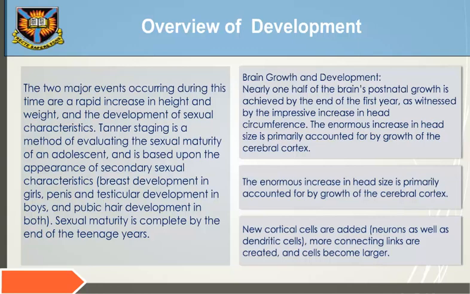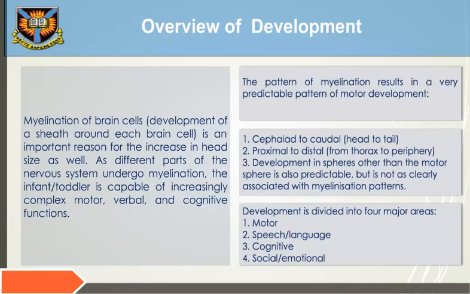More connecting links are created and cells become larger. Myelination of brain cells, development of a sheath around each brain cell, is an important reason for the increase in head size as well. As different parts of the nervous system undergo myelination, the infant toddler is capable of increasingly complex motor, verbal, and cognitive functions.